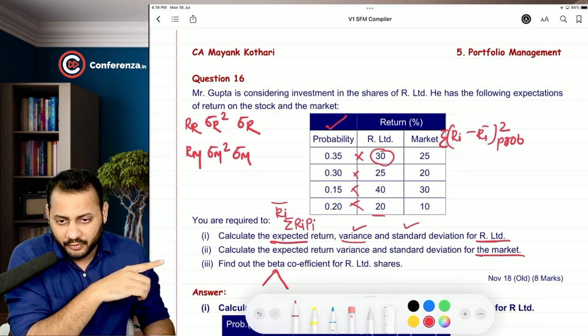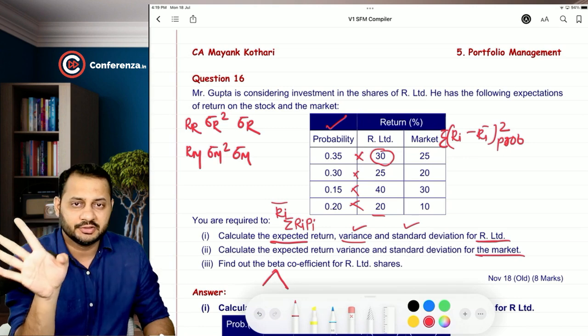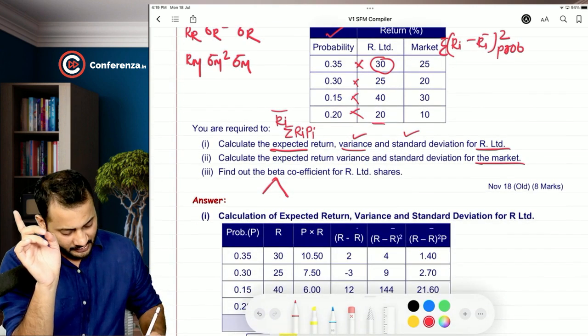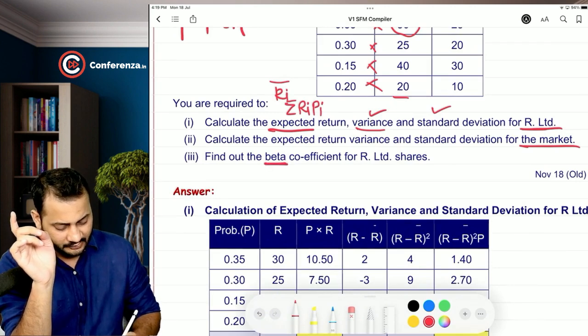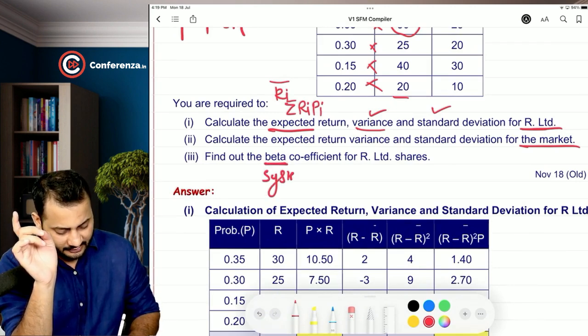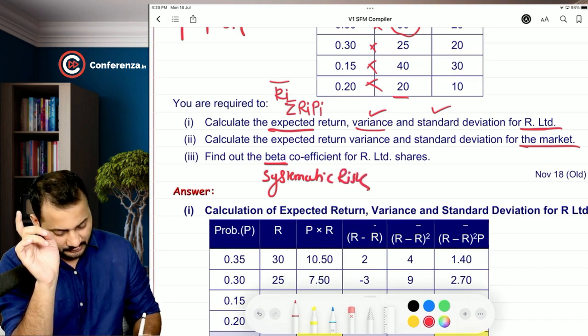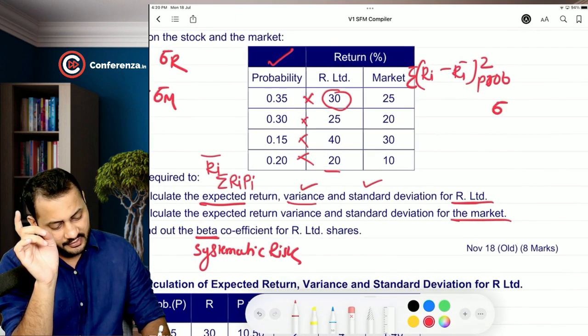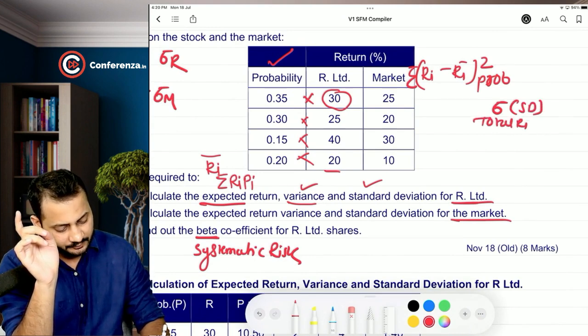Now is the point to find out the beta coefficient of R Limited shares. First of all, the meaning of beta is systematic risk. The standard deviation, SD, is a measure of total risk.